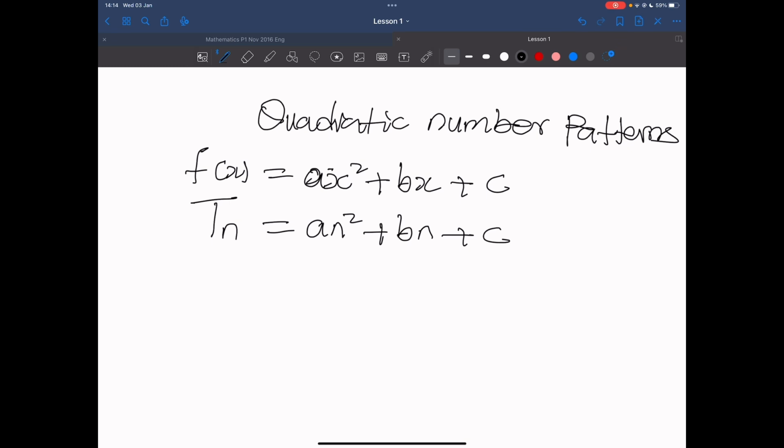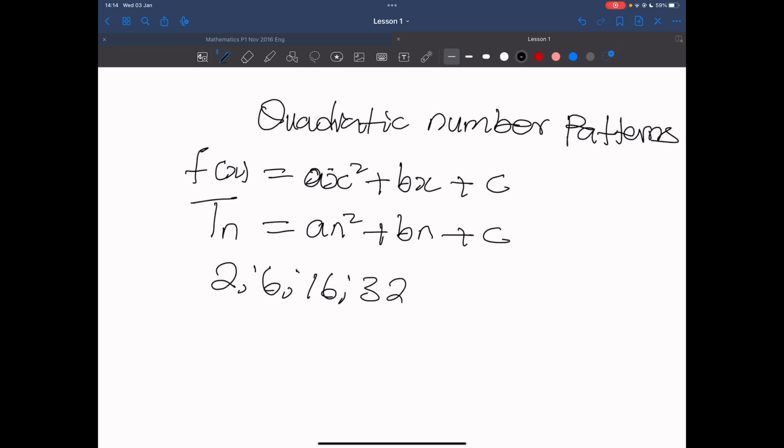Now, how do we know that this is a quadratic number pattern? Let's take, for an example, this pattern: 2, 6, 16, and 32.